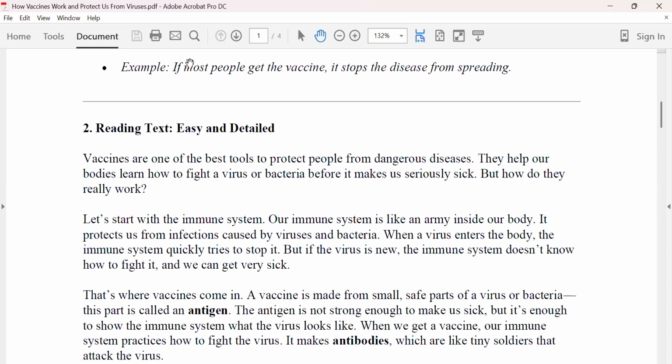It's not strong enough to make your body sick, but it's good enough to make our immune system know what kinds of virus to train to fight.